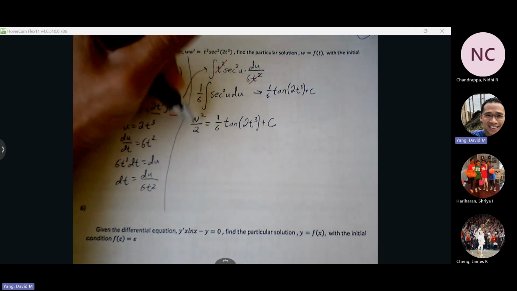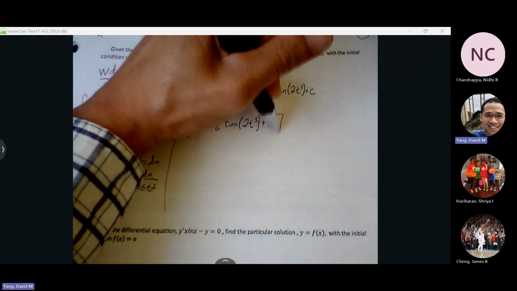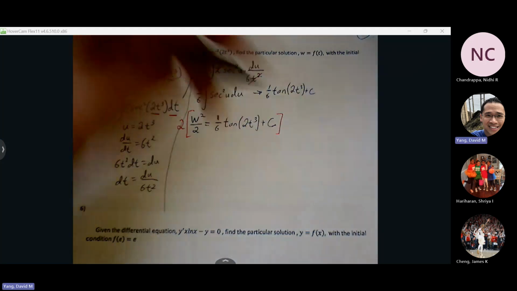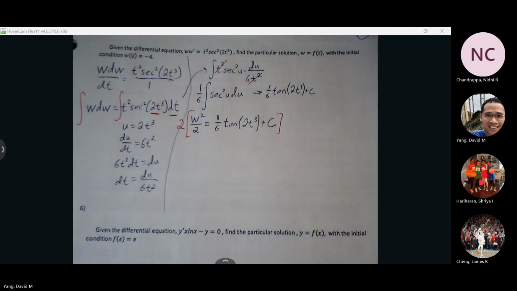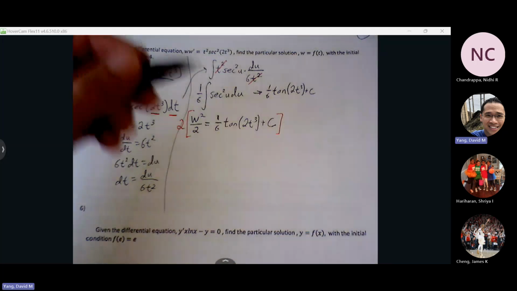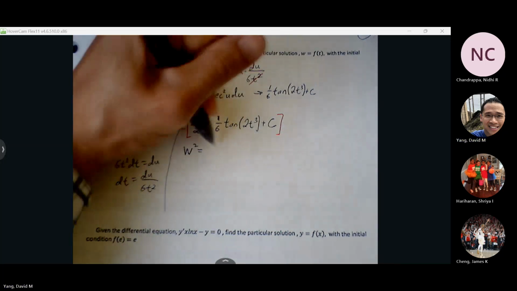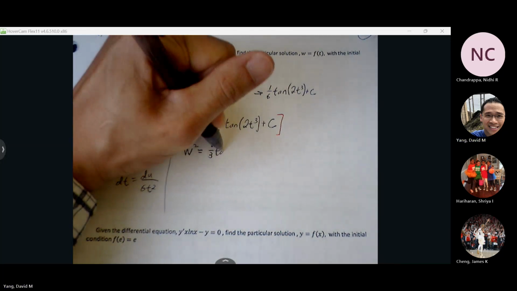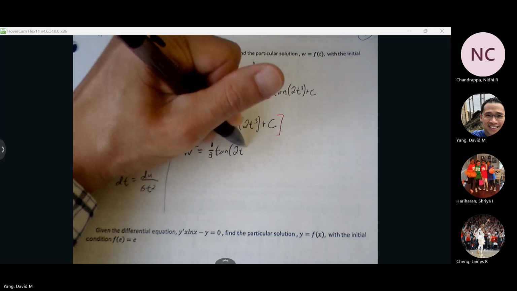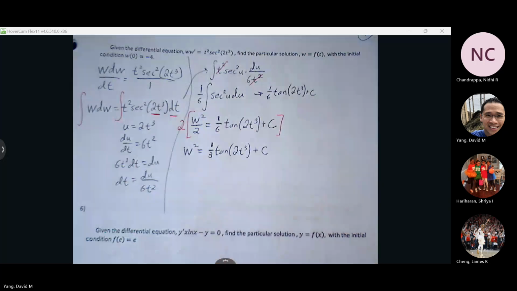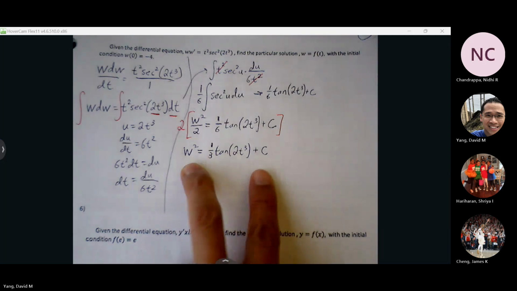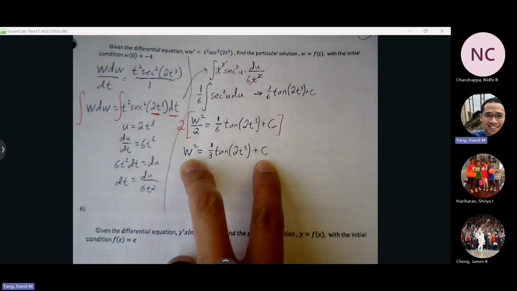So I like to clean up a little bit, at least to the point where my equation feels easier before I solve for C. That's just my preference. So I'm going to multiply a 2 through. I feel at this stage, this equation feels easier and cleaner.